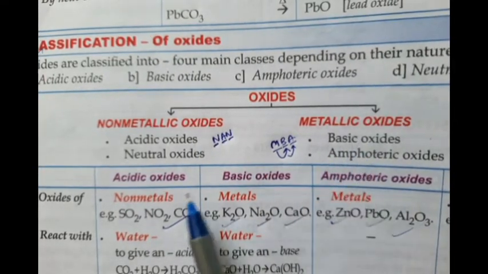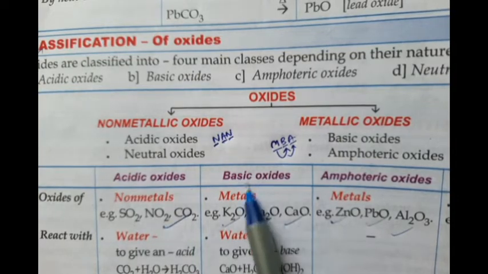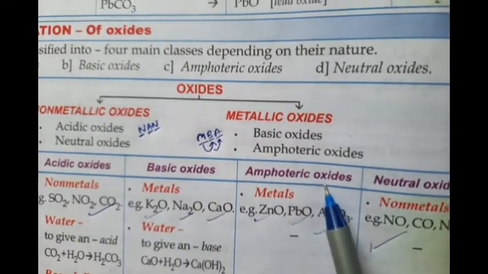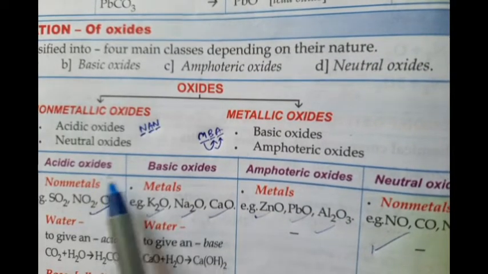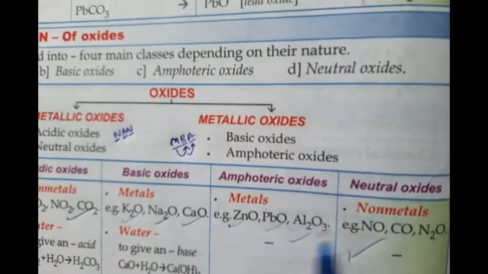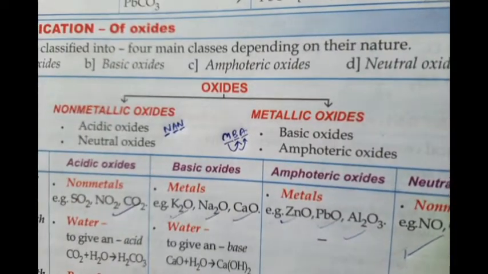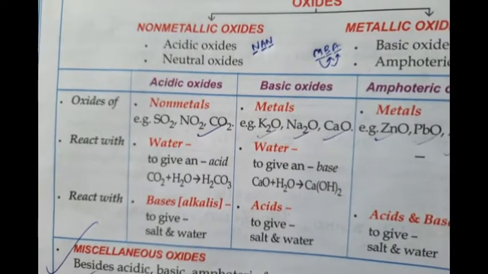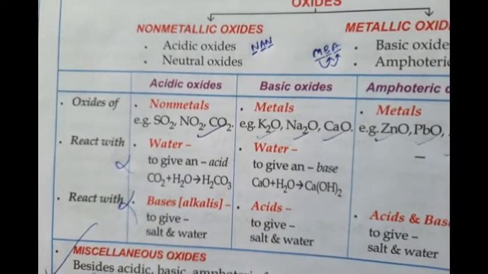Then remember the examples of acidic, basic, amphoteric, and neutral oxide. And do remember amphoteric oxides are those oxides which can act as both acidic and basic oxide. Neutral oxides are those which neither act as acidic nor as basic oxide. Remember the examples: reaction with water not required, reaction with base not required.